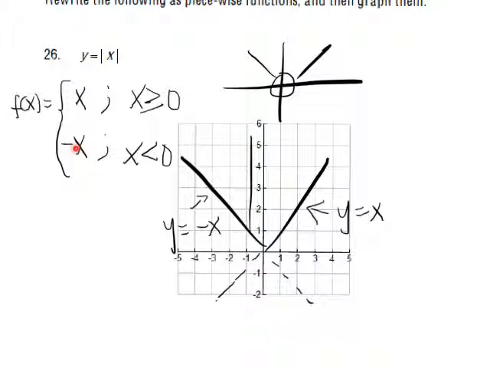That's all I did. Now, this part right here is a little bit different. How did I get this 0 over here? Fortunately, we know what the graph looks like. Look what's happening at 0. That's where the two pieces connect. This is what I call a breakpoint, where the two pieces break or connect.